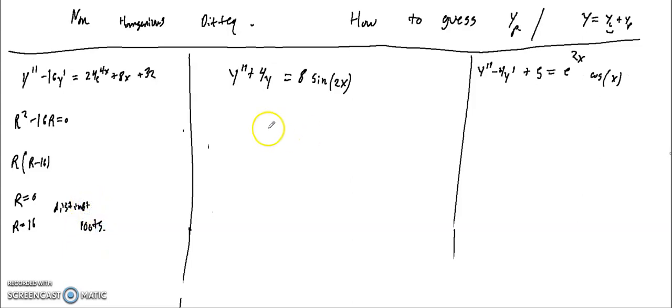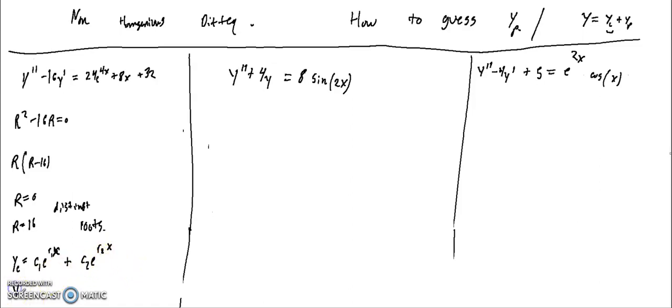And that is of the form c1 e to the r1 x plus c2 e to the r2 x.